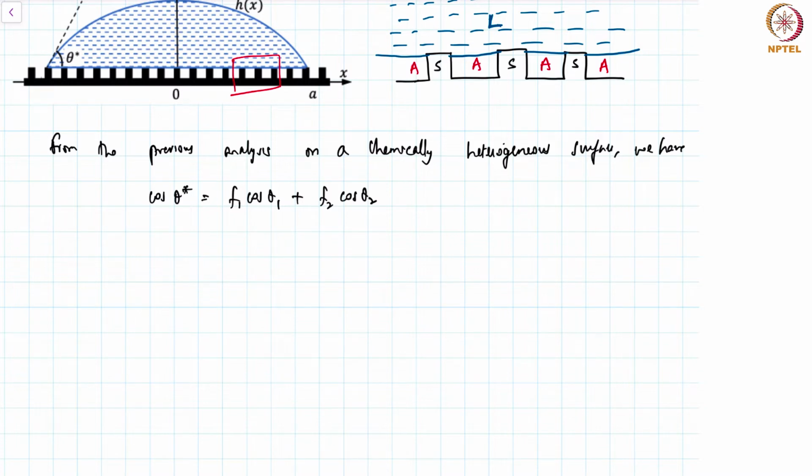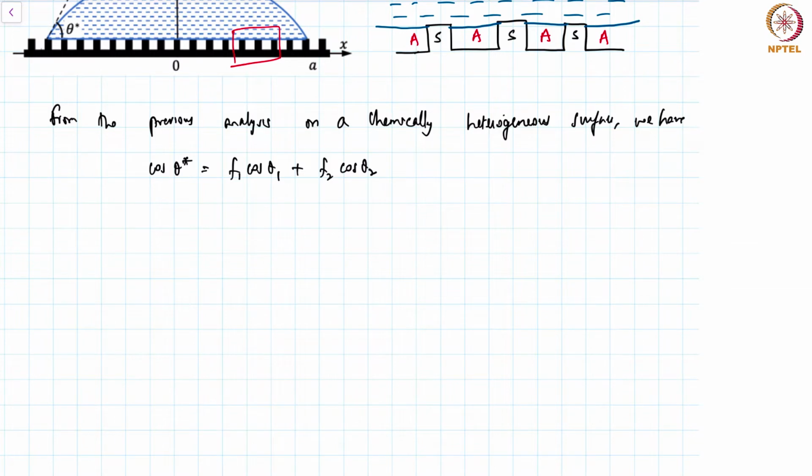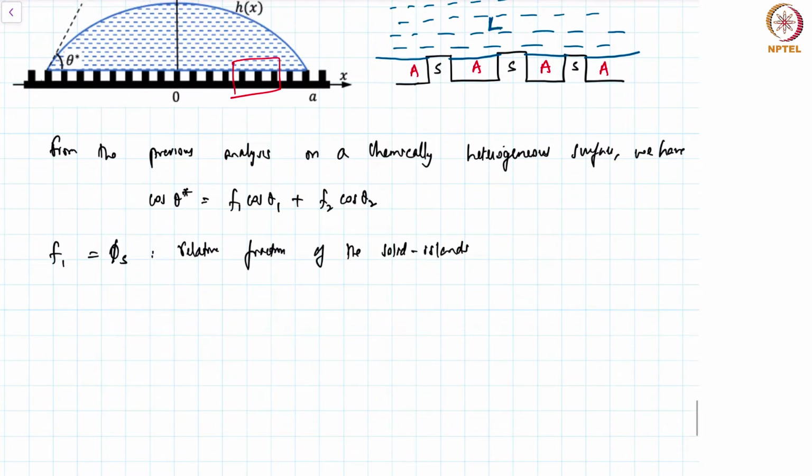Now what we can do is we can simply say F1, let's call it as phi s, and this is nothing but the relative fraction of the solid islands, or the upper surface of the pillars. In other words, I'm highlighting these regions here.